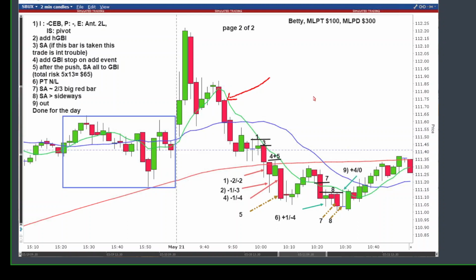What I would have preferred, Betty, if you got in here and this made a nice new low, why not leave one on? Can't let one just trail out. Would have made it down here, right? Let's say you short 3 lots here. Small stop, right? You hadn't lost much, like $20, $30.